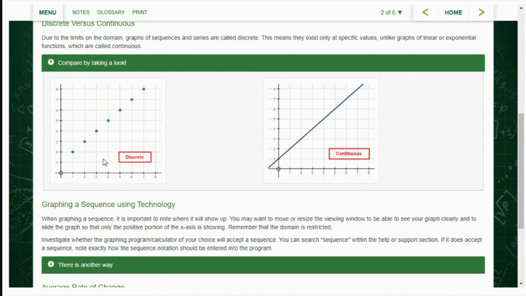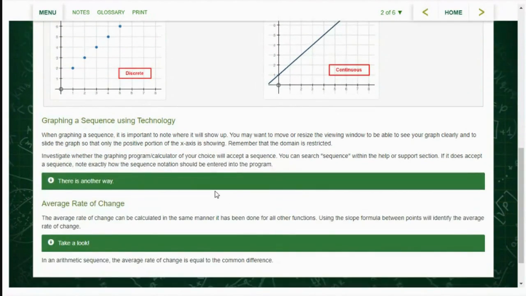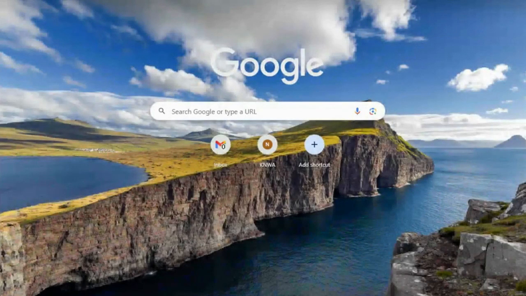It's only the 3rd and the 4th term and the 5th term and the 6th term. So we're dealing a lot with discrete when we're talking sequences. So in graphing a sequence, it's important to note where it'll show up. You may want to graph them by hand, but you can do it with Desmos. So let's use Desmos here, and I will show you 2 ways to graph a discrete function.